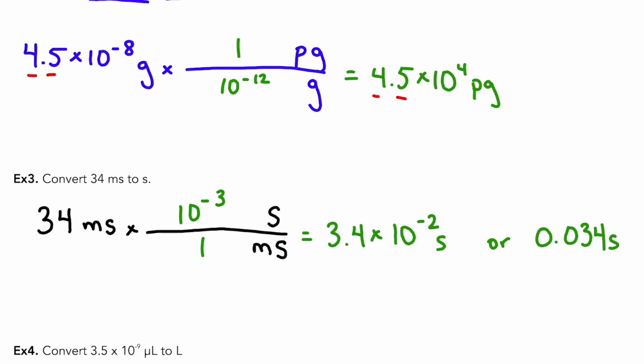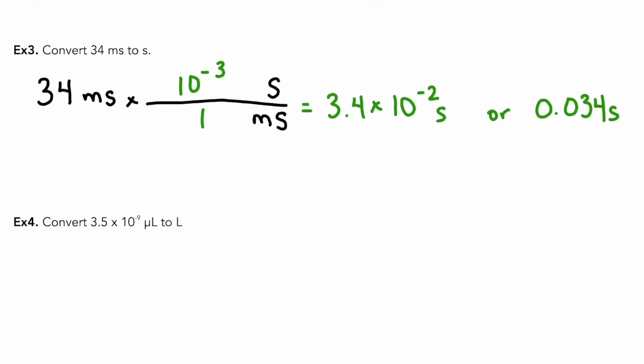All right? 3.4 times 10 to the negative second seconds. That is in scientific notation, totally fine. 0.034 seconds, standard notation, totally fine. Both of those have 2 sig figs, which is what my original given has, and I included units. So I'm good. Let's try another one.